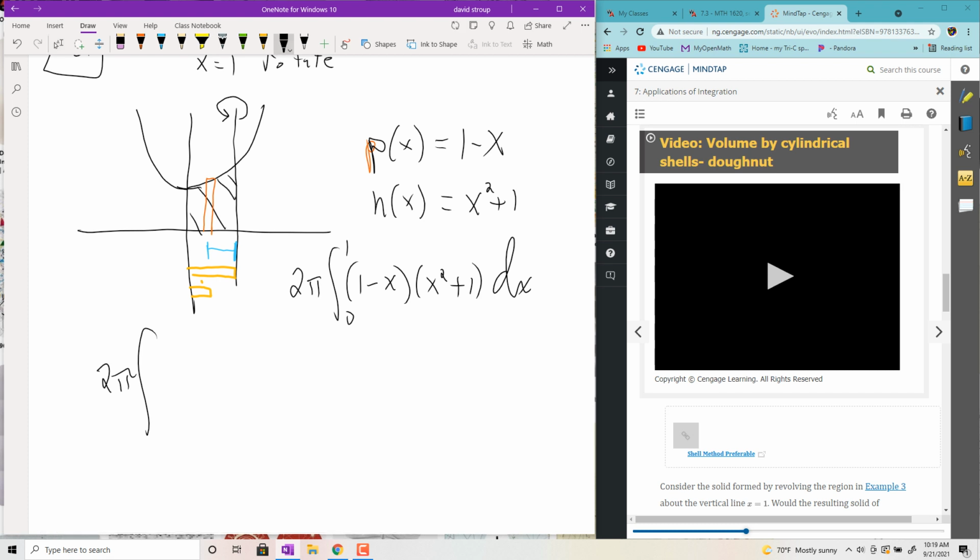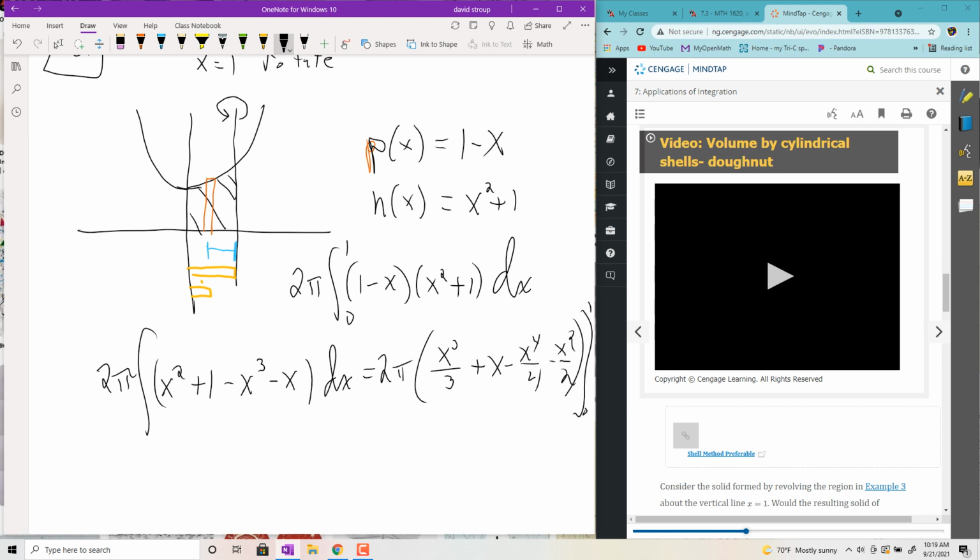So we're foiling first, outer, inner, last, dx. 2 pi integrate x cubed over 3 plus x minus x to the 4th over 4 minus x squared over 2 from 0 to 1, and then that will be 2 pi times 1/3 plus 1 minus 1/4 minus 1/2.